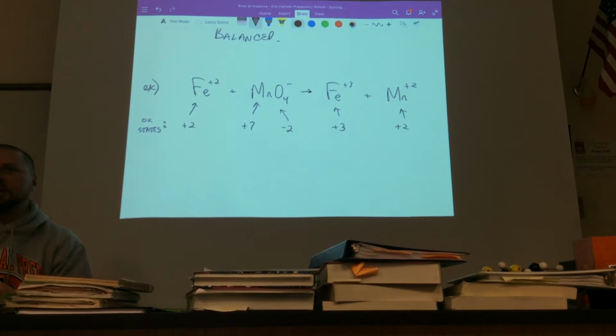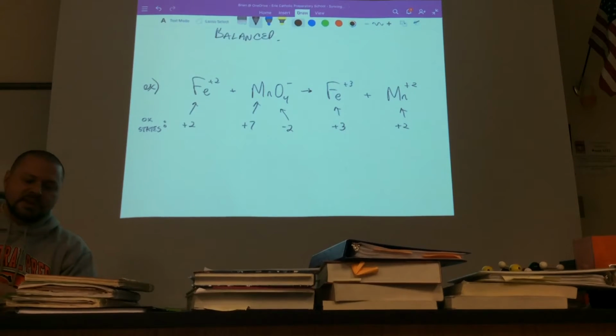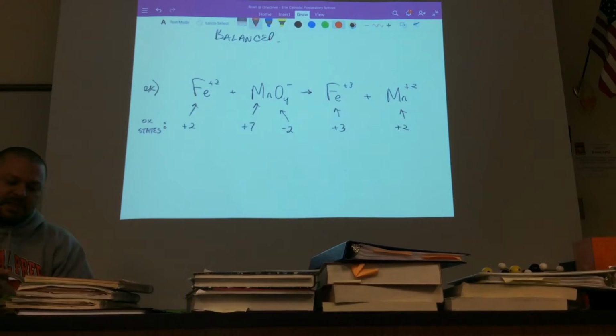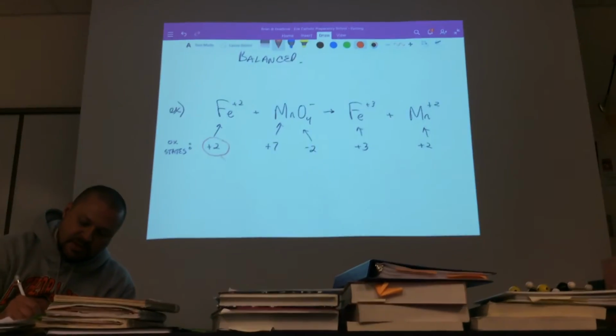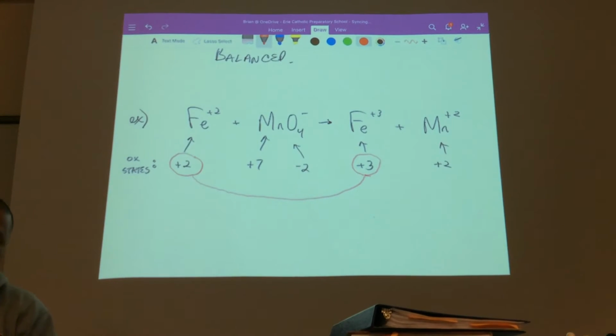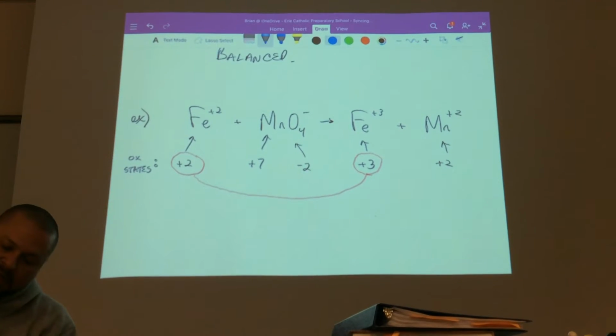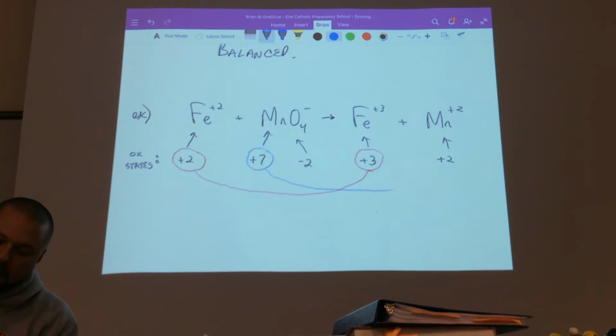That would mean it's not a redox reaction. There's got to be a change because there have to be electrons being exchanged. So let's see what changes. Fe goes from plus 2 to plus 3. That's a change. And manganese goes from plus 7 to plus 2.